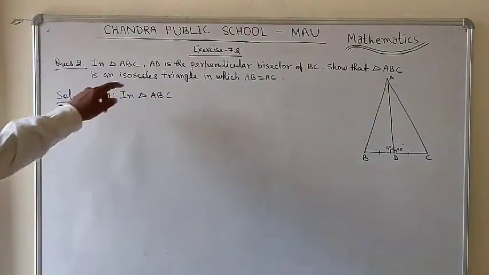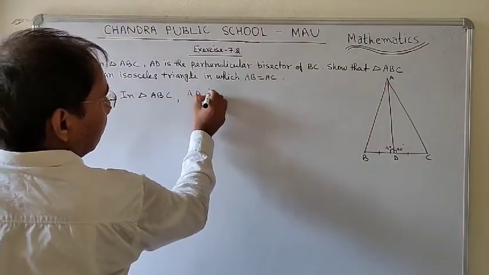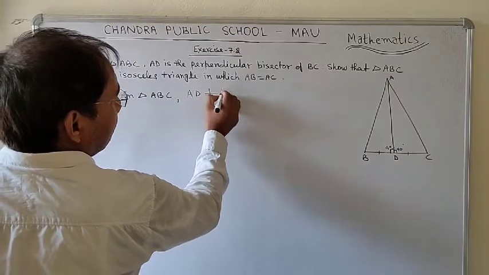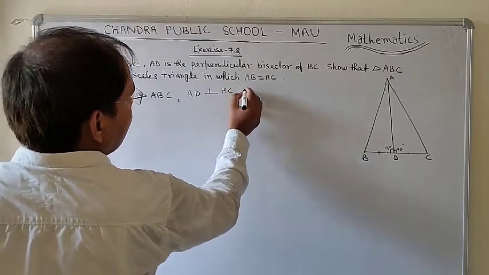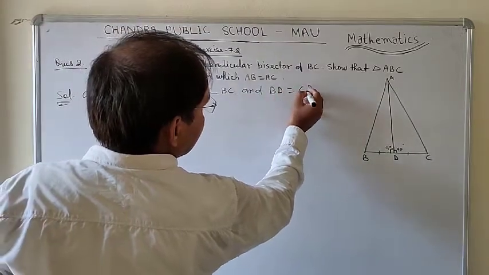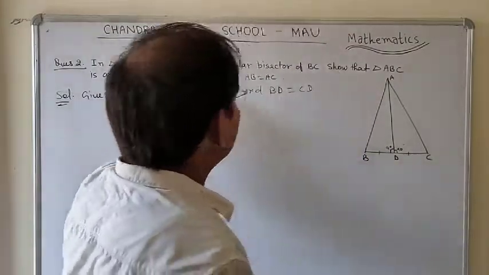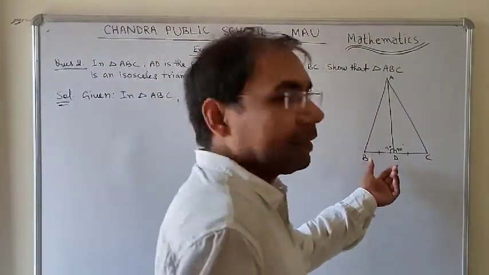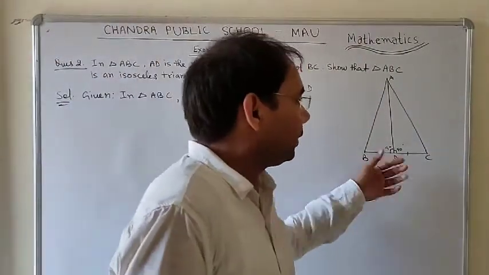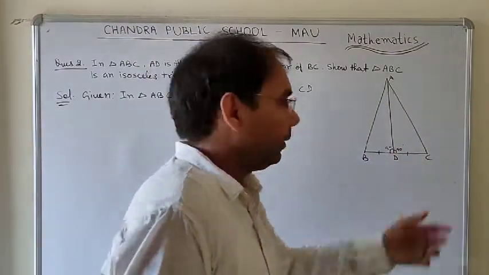In triangle ABC, AD perpendicular to BC, and BD equal to CD. Perpendicular is one word used, and second is bisector. Bisector means it is going to bisect side BC, it means BD equal to CD.